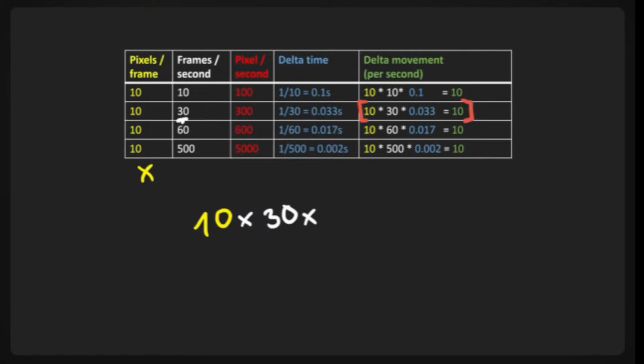And this we are multiplying with delta time. This number here, 1 divided by 30, or 1 over 30. The end result has to be 10, for the simple reason that 30 and 1 divided by 30 are simply going to be 1. The only thing that's left is the 10 that we are getting at the end.